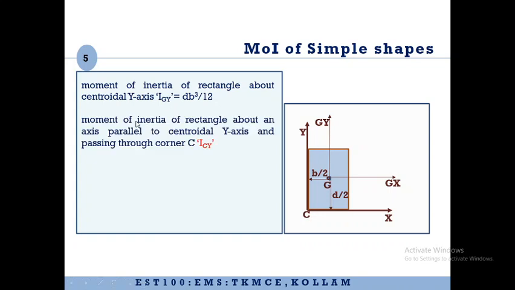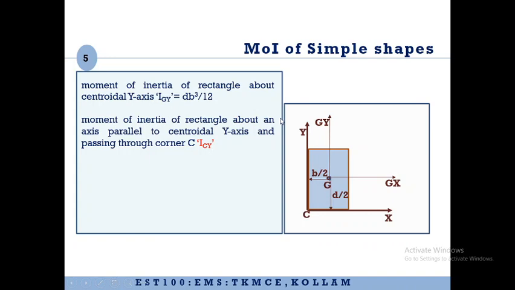Now, using this, moment of inertia of the rectangle about an axis parallel to the centroidal y-axis and passing through the corner C, that is ICY. So what we need to do is find out moment of inertia of the rectangle about this axis, the CY axis.